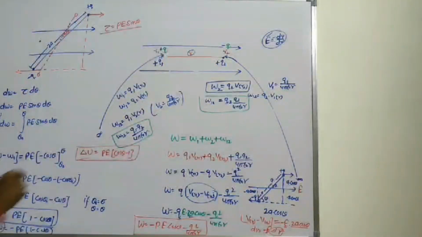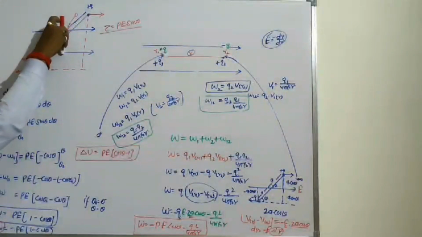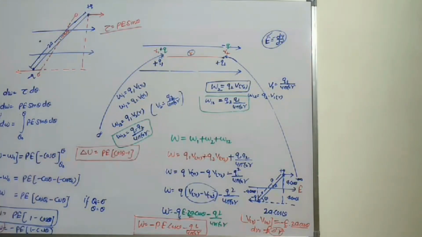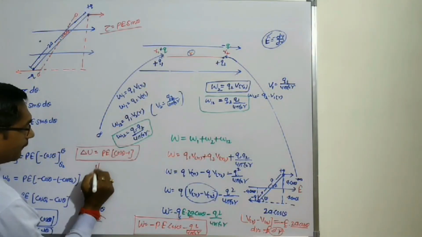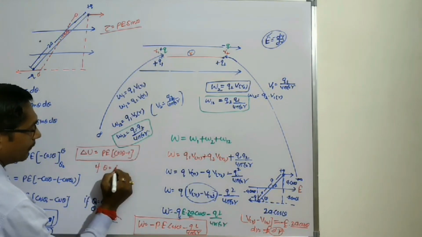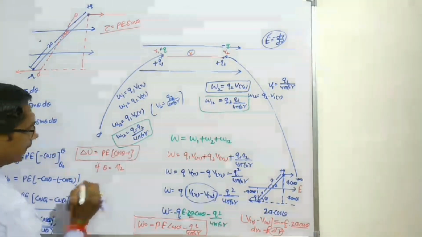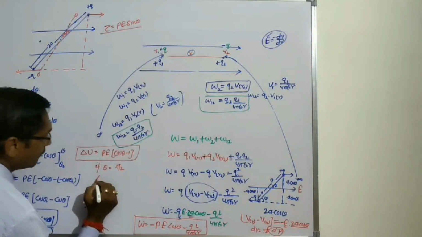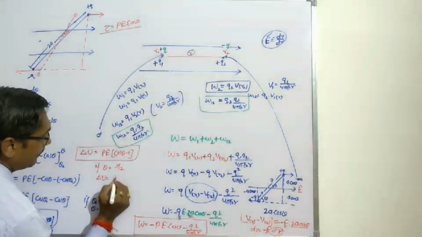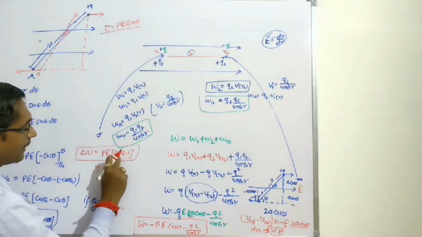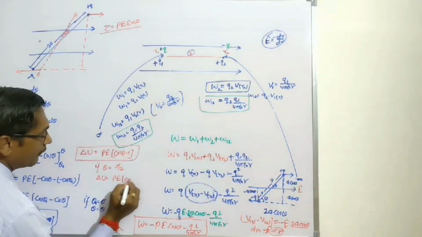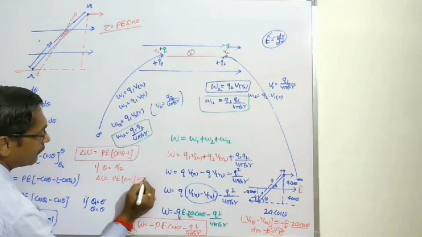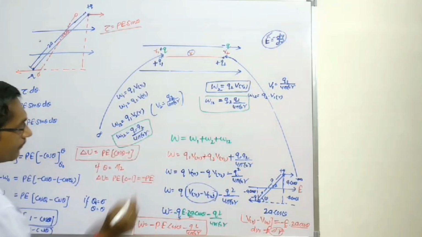Suppose we rotate the dipole from this position to this position, that means theta equals pi by 2. Then the work done, delta U, equals PE (0 minus 1), so it equals minus PE.